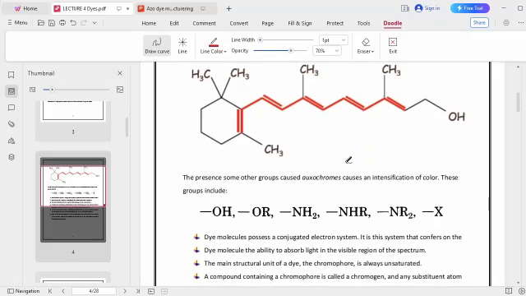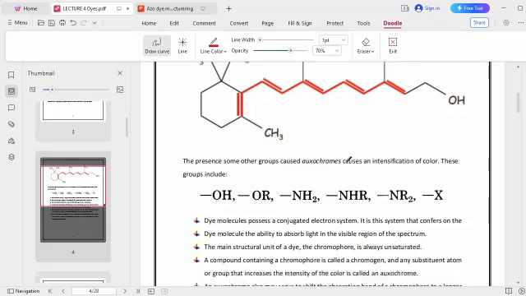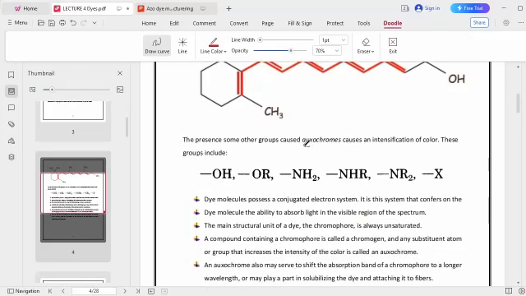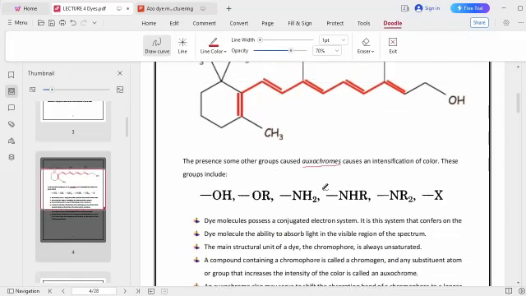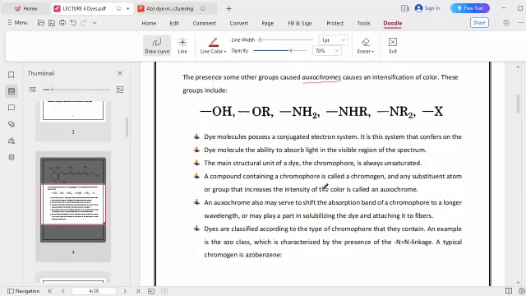And then the third aspect about color production is the presence of groups that are known as oxochromes. These groups are responsible for slightly altering the intensity of the color. I'm sure we know that we have different shades of color.